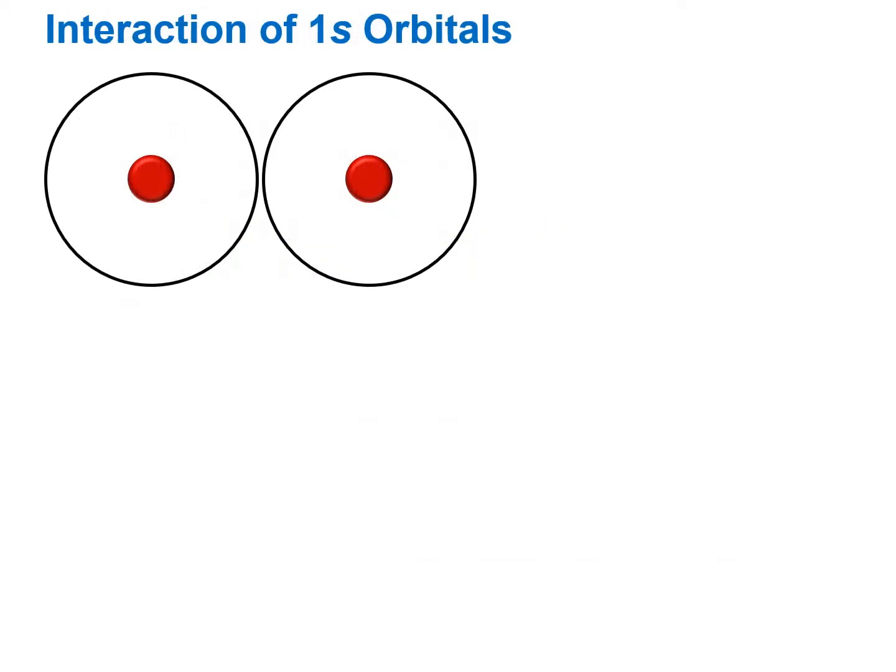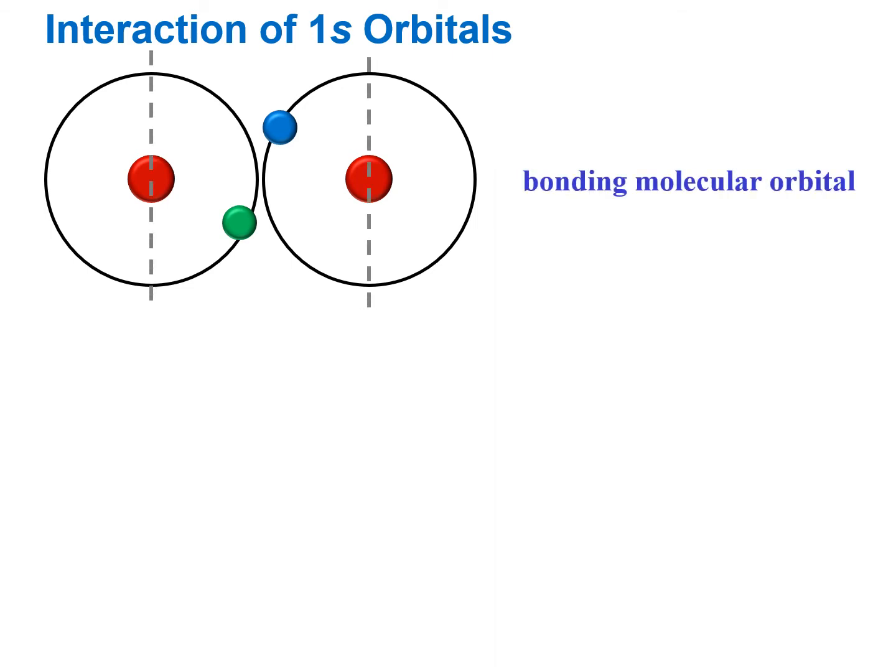So my explanation is this. You have a couple of atoms that are trying to come together. There are the electrons, and if we look at where these electrons are located, they're located between the two nuclei, on the inside region of the two approaching nuclei of the atoms. And this is our bonding molecular orbital. There's a bond that's going to form in this scenario.